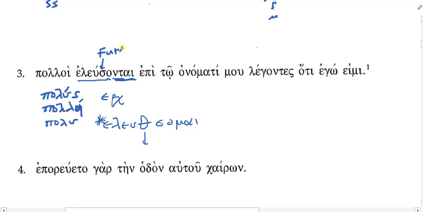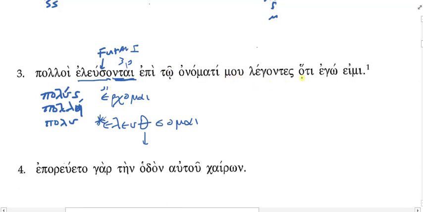So this is the future middle indicative, ntai, third plural. So the future form of erchomai is always middle. It's never active. You'll translate it like it's active. So many will come. Many will come in my name.